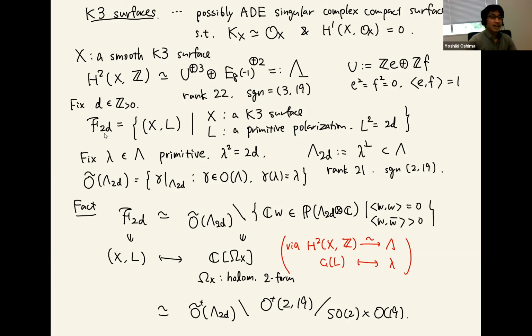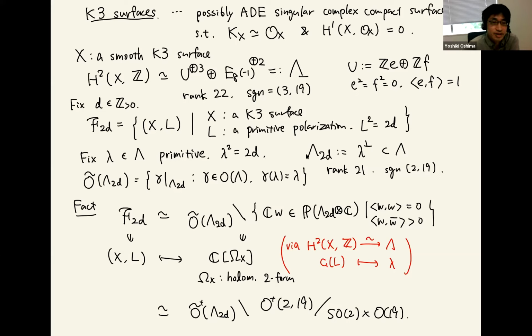We fix a positive integer D, and we define F_2D to be the moduli of pairs of a K3 surface and a primitive polarization of degree 2D. To describe them, we fix a primitive vector lambda from this lattice with lambda squared equal to 2D. This is unique up to automorphism of the lattice.